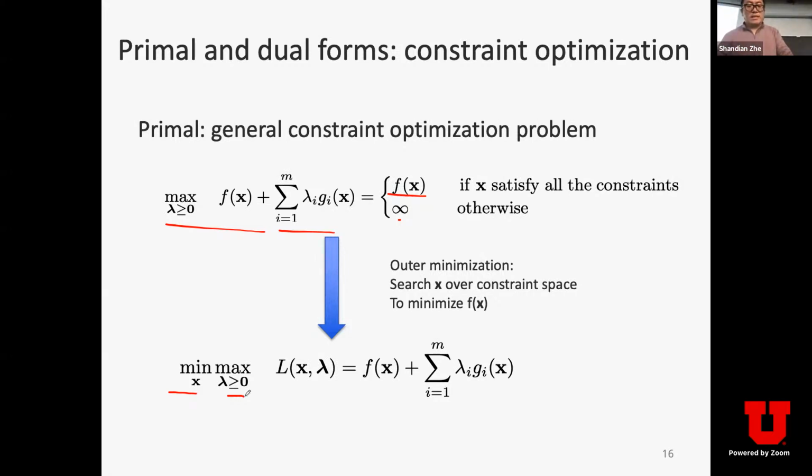And second, I completely get rid of the constraint over x. x is free. I don't need to worry about whether x really satisfies the constraint or not, because doing this minimax optimization, essentially all the meaningful solutions will be the x that satisfy the original constraints.